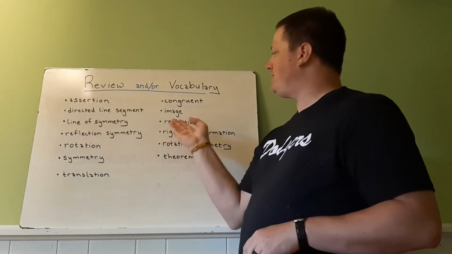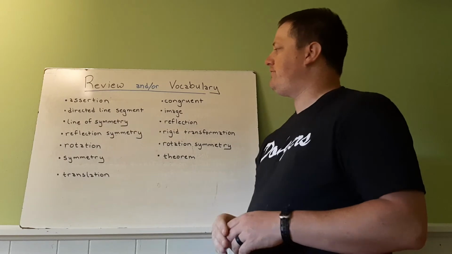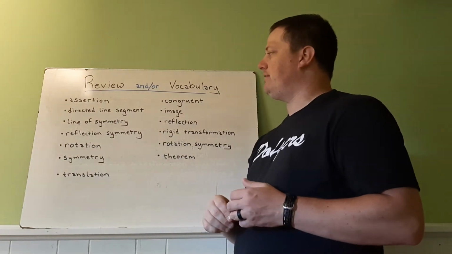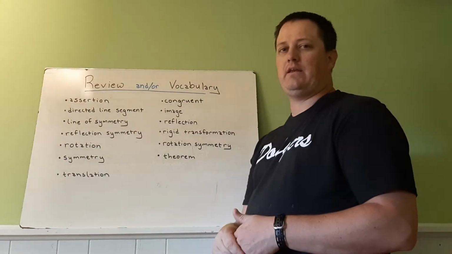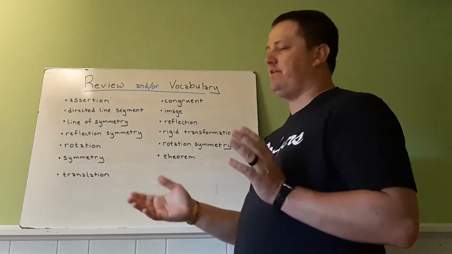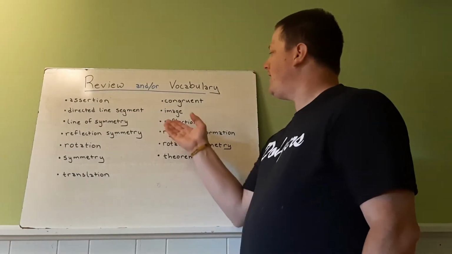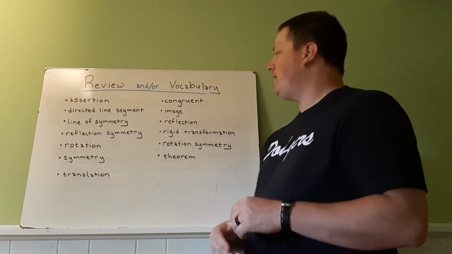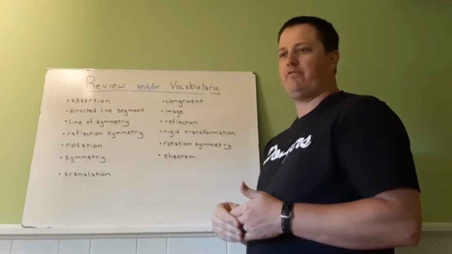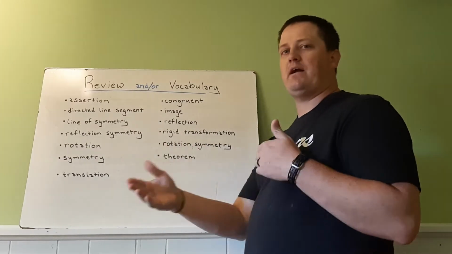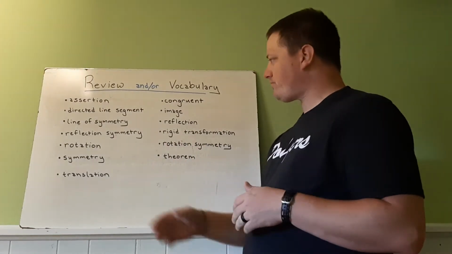We also have line of symmetry and reflection. Line of symmetry is the line which splits something into half, and the two sides are exactly the same and can be folded over on each other. Reflection is using a line of reflection to create a mirror image on either side.